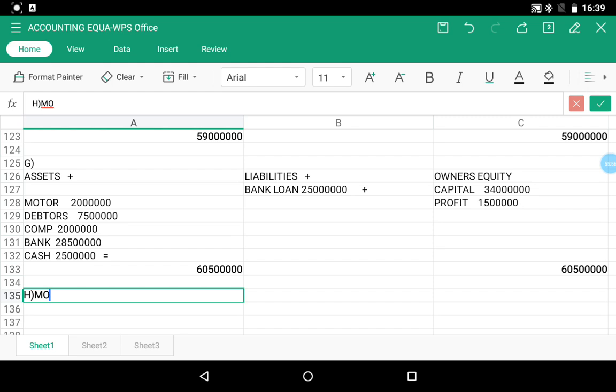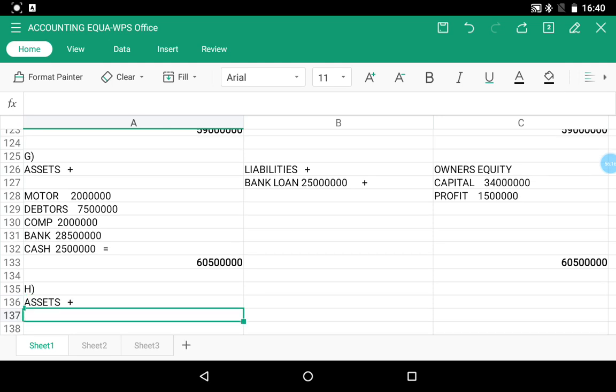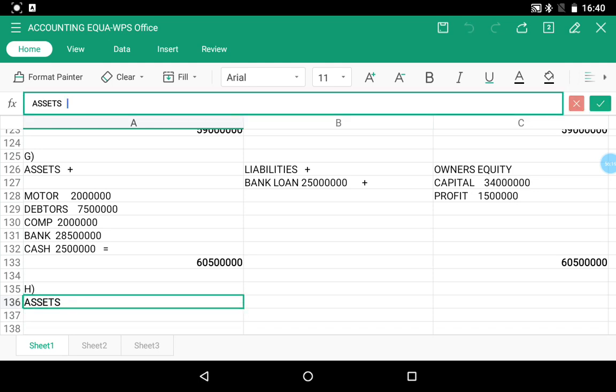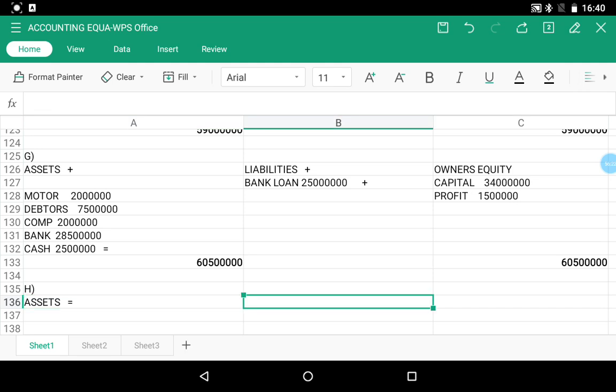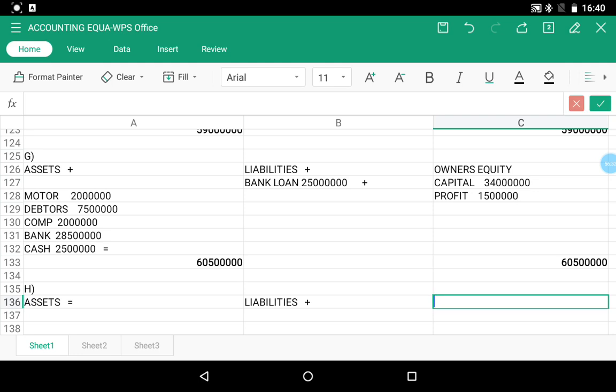But first we restate our accounting equation, which is assets is equal to liabilities plus owner's equity.